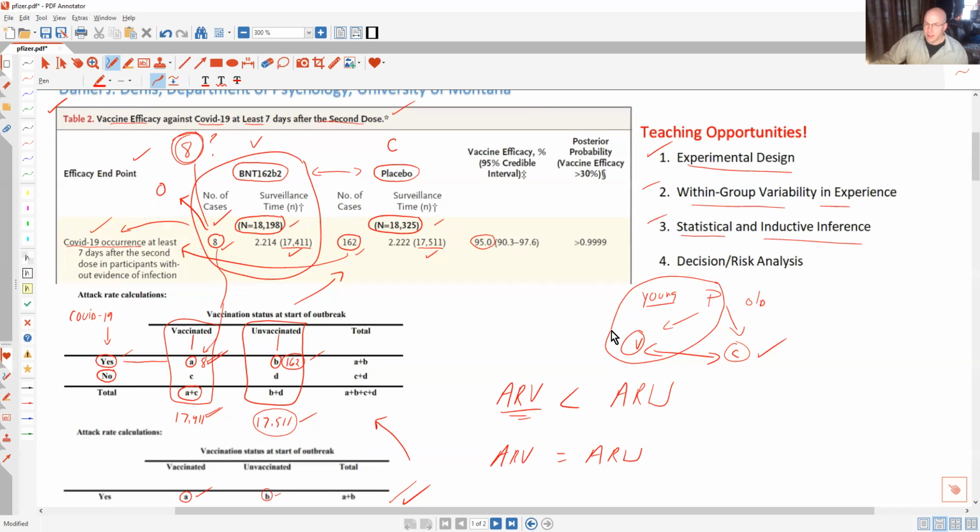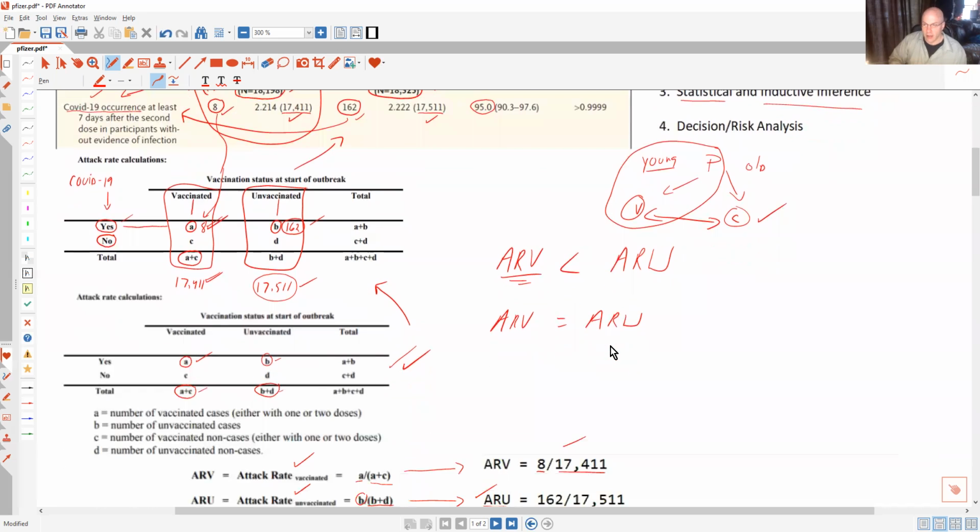The other idea here is that of statistical and inductive inference. Now, this vaccine research was conducted on a sample of data, and they computed the 95% on the sample. However, what we are most interested in is what is going on in the population. So that process of generalizing from sample information to population information is what scientific induction is all about.